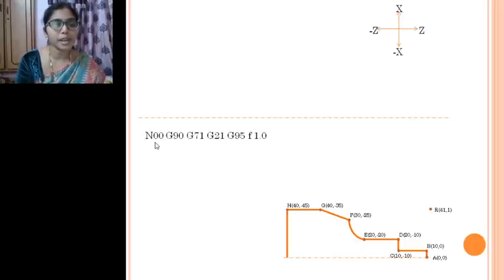It is just representing the line number. N00, N01, N02, N10, N11, you just follow a certain pattern. Some multiples you use, N00, N05, N10, like that you just follow. It represents the line. And then if you take G90, now what is this G90?